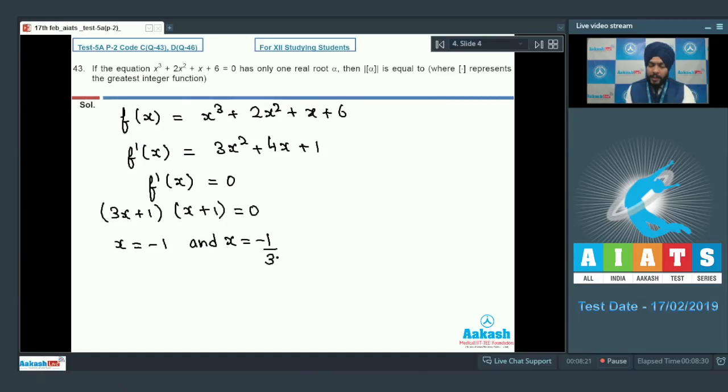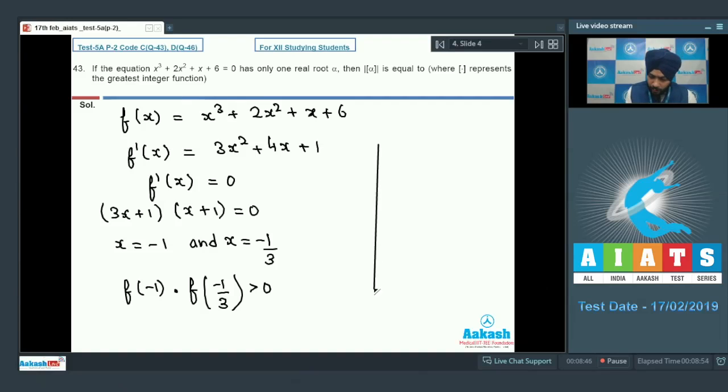extremum for f(x), and since it has only one real root, I must ensure that f of minus 1 into f of minus 1 by 3 is positive, and that is true. F of minus 1 is also positive, f of minus 1 by 3 is also positive. Okay, so students, let us draw a rough graph of this particular function and try to analyze the roots from there.